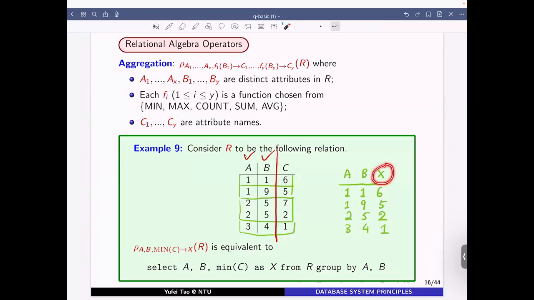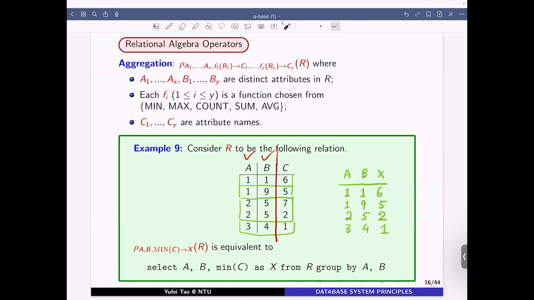This X is something that's created from aggregation. And why do we call it an aggregation? Because this minimum function aims to compute some statistics, and this statistics is also known as aggregation. You aggregate a lot of tuples into one value. So that's basically the idea.